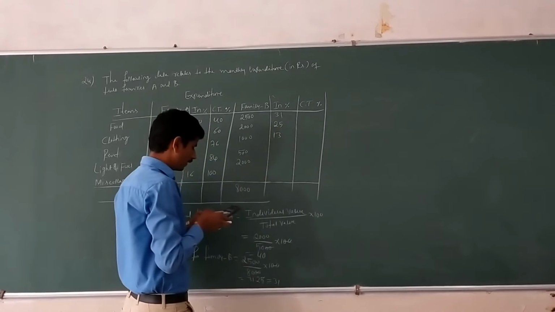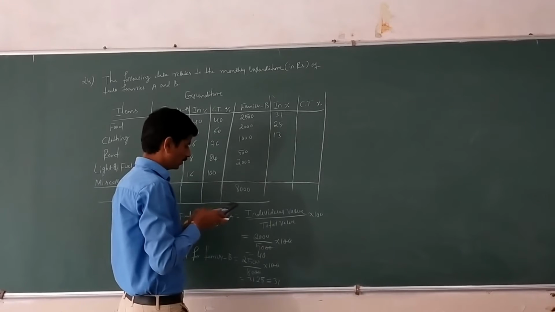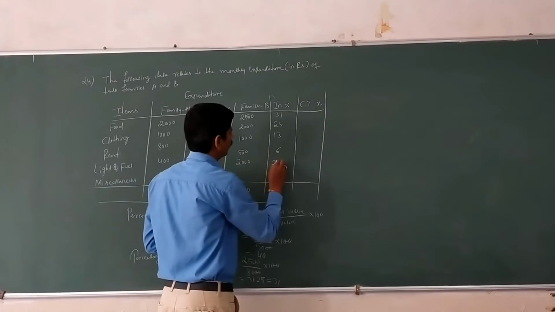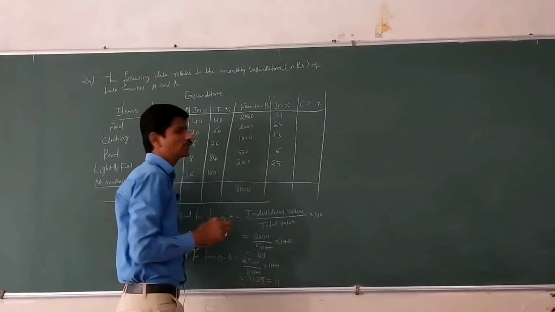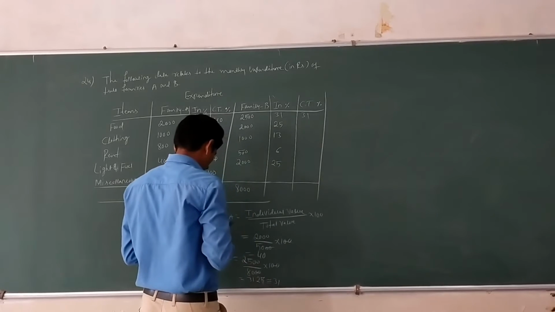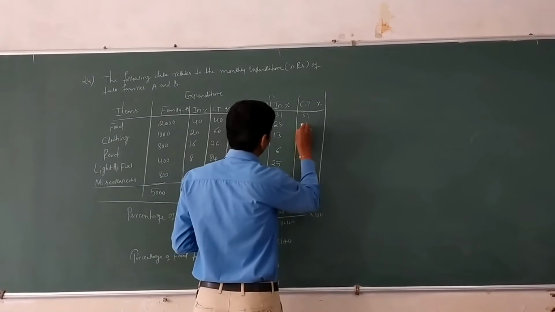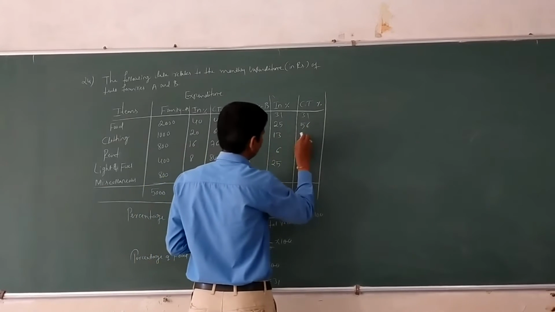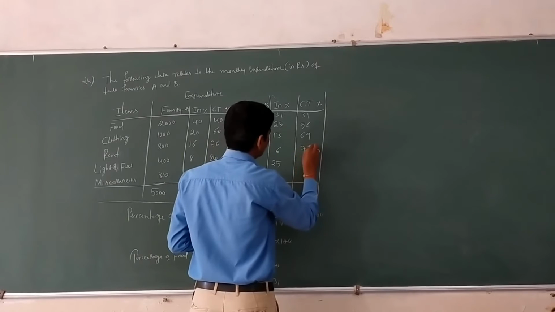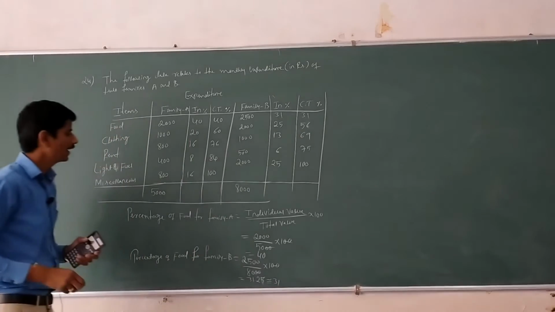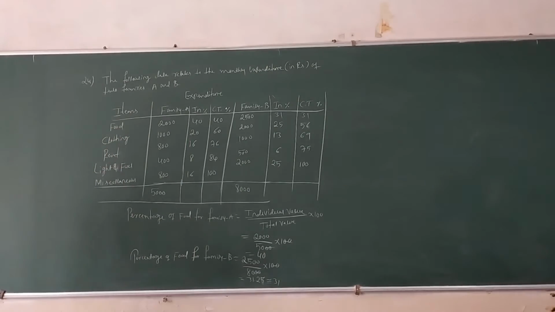The next, 500 divided by 8000 into 100, is 6.25, which means 6. The next, 2000, is 25. Next we find the cumulative total percentage: 31 plus 25 is 56, plus 13 is 69, plus 6 is 75, plus 25 is 100. Okay, next we have to draw the percentage bar diagram.